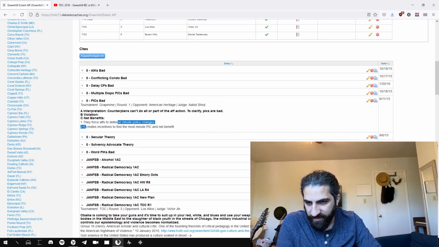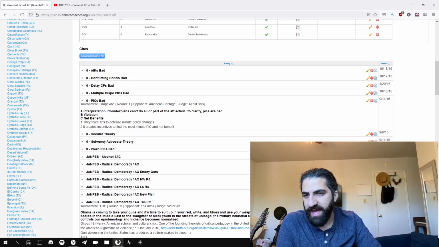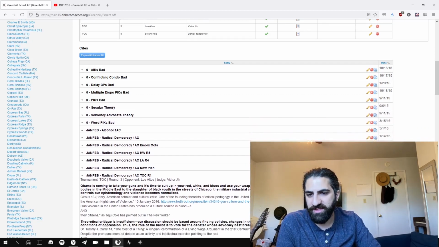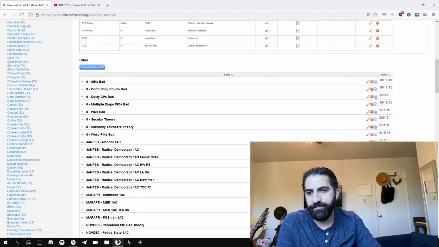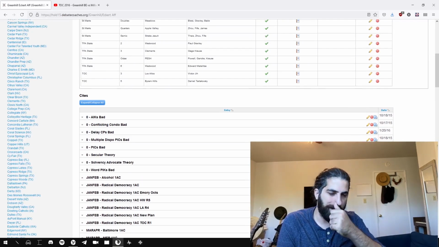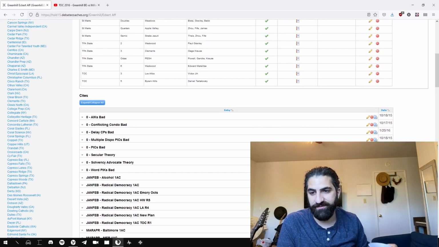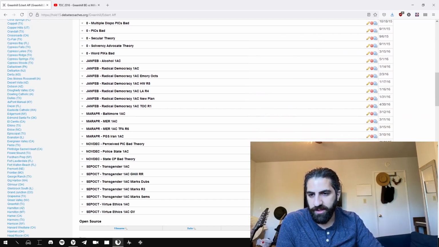Creates incentives to find the most minute pick and net benefit. That might be fair. Multiple dispo picks bad. So yeah, this is a pretty useful resource, and if you're just getting introduced to a more, shall we say, progressive way of doing Lincoln Douglas, this can be a really useful resource.